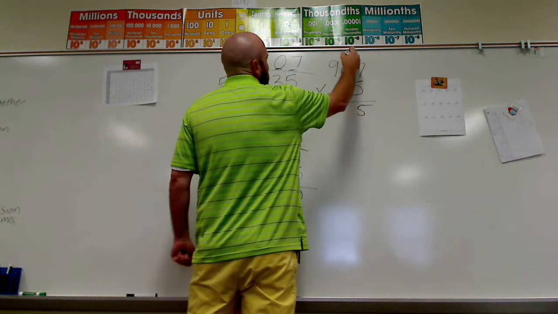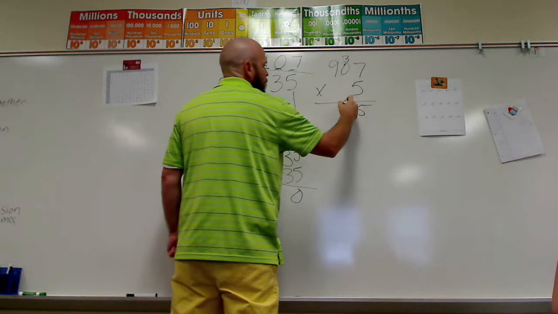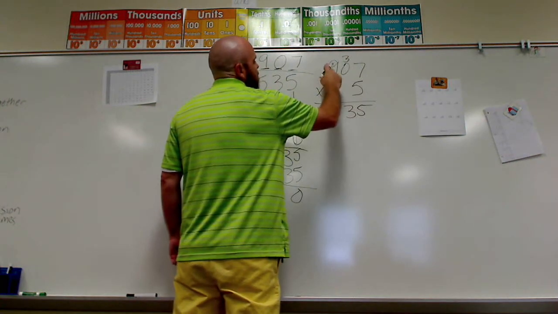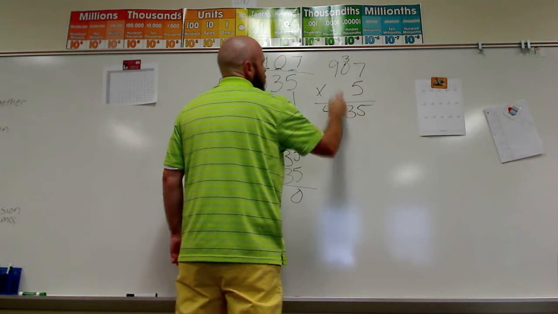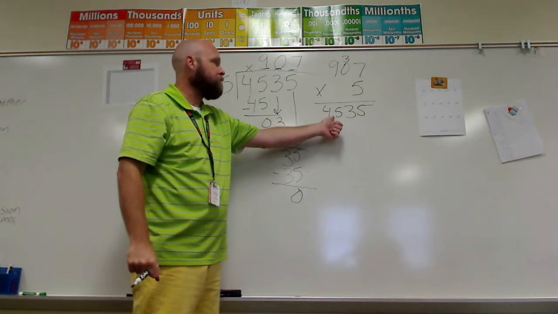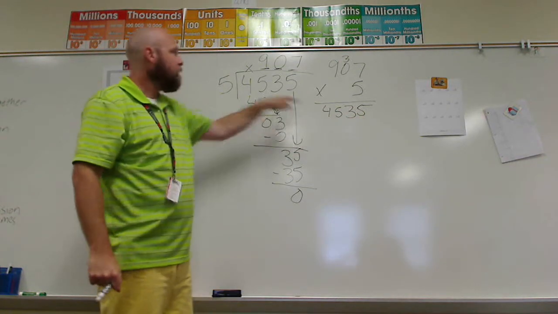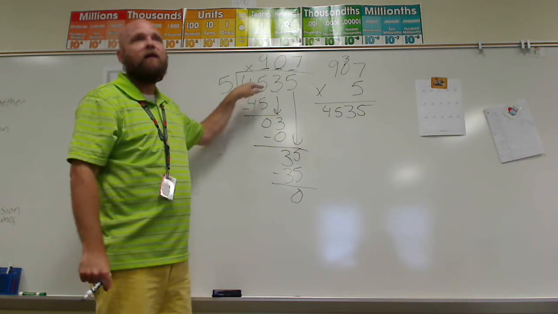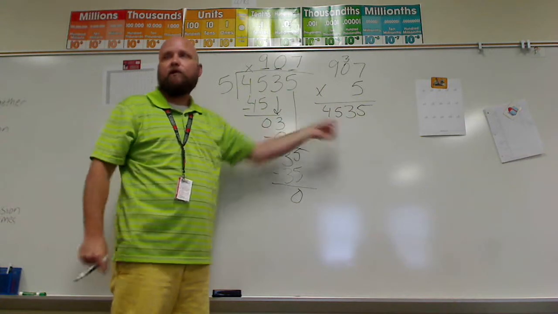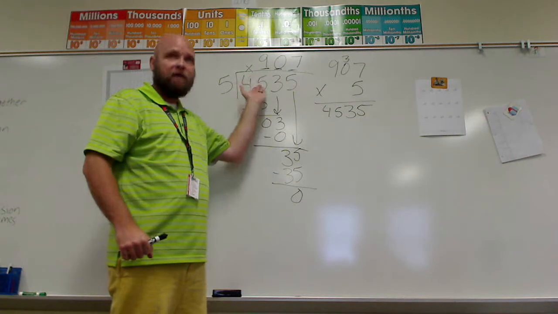Put down the 5, carry the tens place. 5 times 0 is 0. Add 3. 5 times 9 is 45. No place to carry it, so I just write them both down. So my answer is 4,535. That means my product is the same as my dividend. That means my answer is correct. As long as my math was correct when I multiplied, my answer is correct.